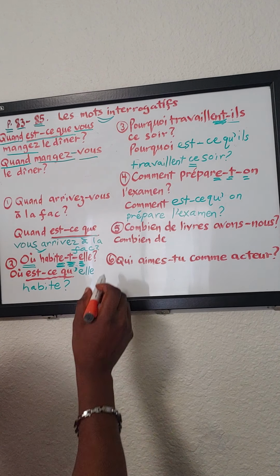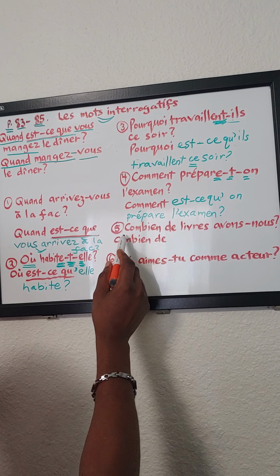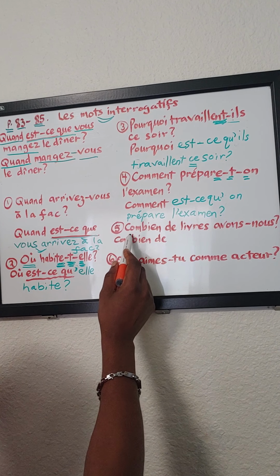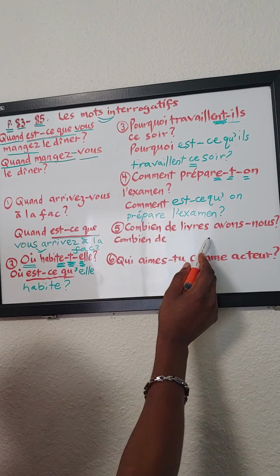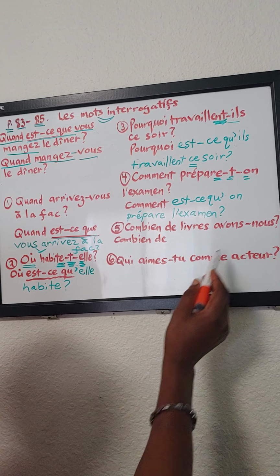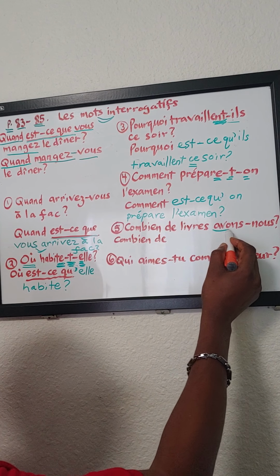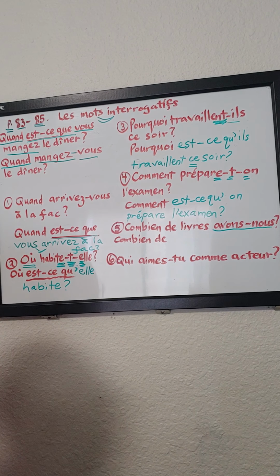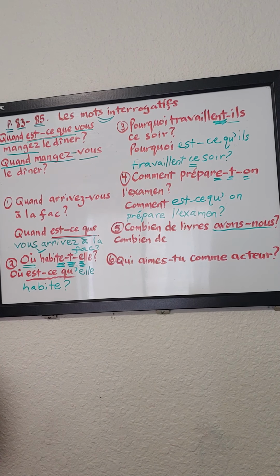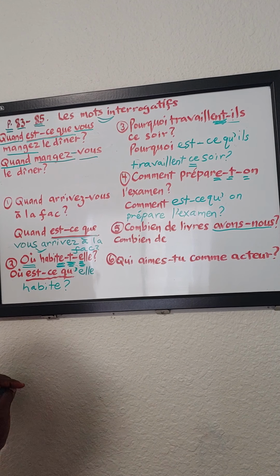Okay. Question numéro 5. Combien de livres avons-nous? How many books do we have? We have our inversion. Now we are going to use est-ce que.